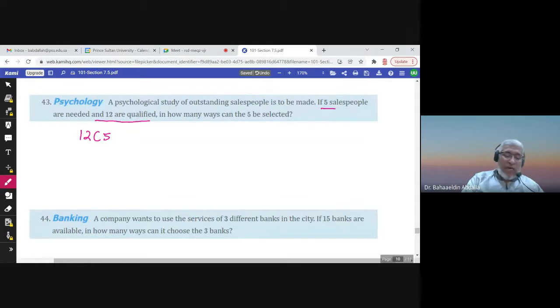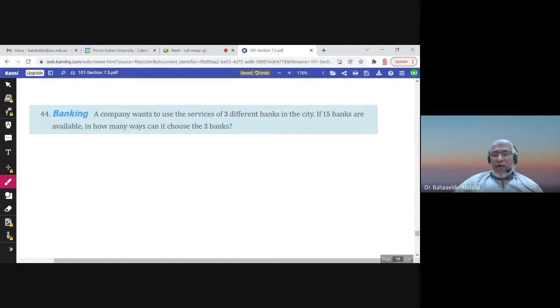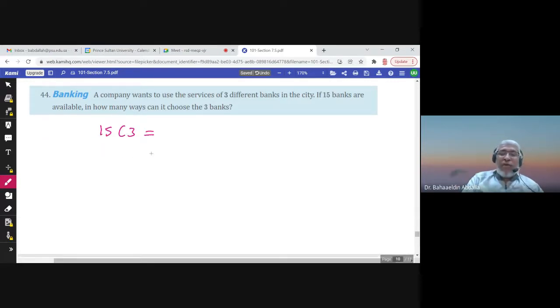You can use the calculator to find the answer, the 12C5, or you can also use the definition. The answer in this case is 792. A company wants to use the service of 3 different banks in the city. 15 banks are available. In how many ways can it choose the 3 banks? So I have 15. I need to choose 3 only out of them without any order.